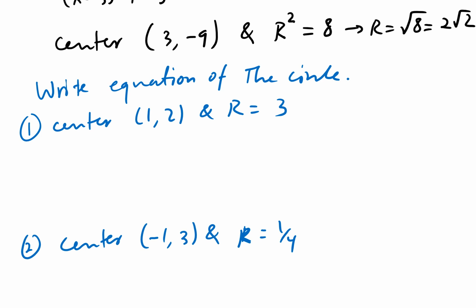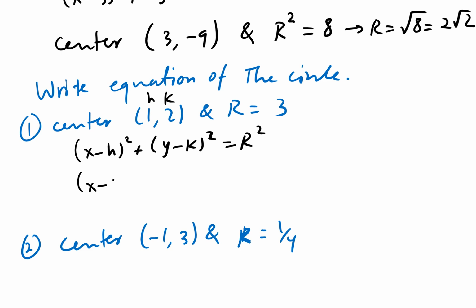All this matters in this case. So center means that's h, k, and r. So to find the equation of the circle, we always need h, k, and r. So we can use (x minus h) squared plus (y minus k) squared equals r squared.